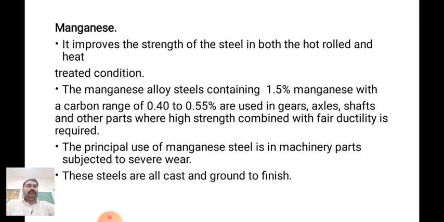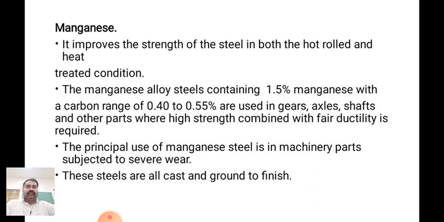Okay, it improves the strength of the steel in both the hot rolled and treated condition. By the addition of manganese, the strength of steel will increase. You can observe that a few properties are common in every alloying element, but there are some exceptional properties that will be obtained by the addition of an alloying element in the steel.